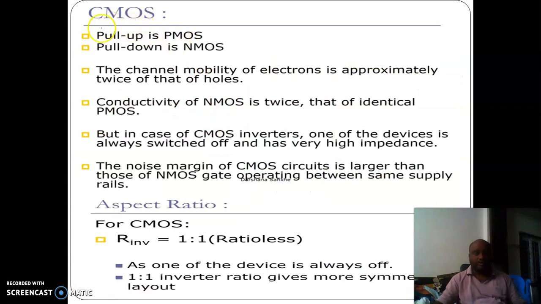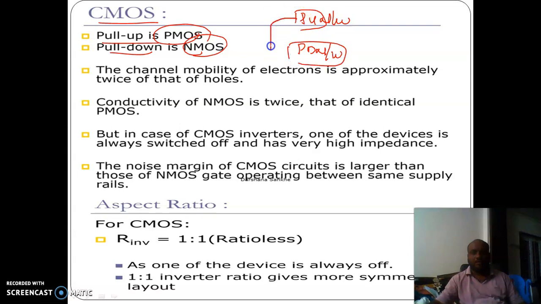Going into the details, in a CMOS device, the pull-up network will be of PMOS transistors and the pull-down network will be of NMOS transistors. So always a pull-up network and a pull-down network for a CMOS, where the inputs are given to the short-circuited gates and outputs are taken from the short-circuited drain, with the pull-up network connected to the supply and the pull-down network connected to the ground.